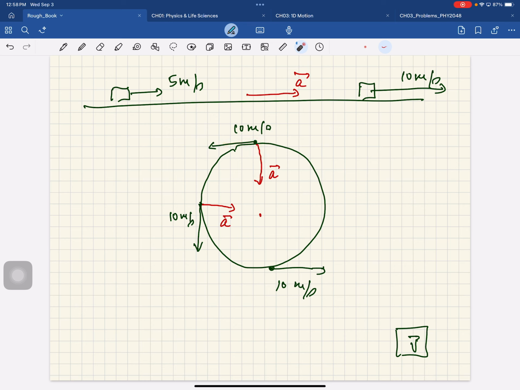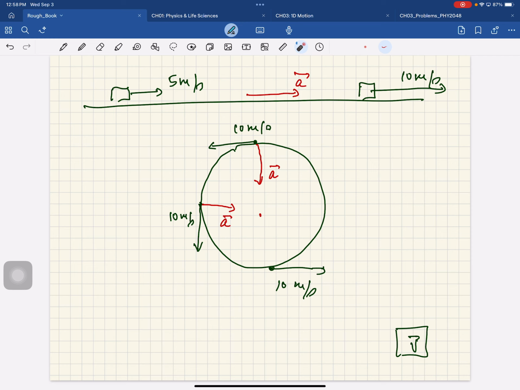And of course, can you change both the magnitude and direction of the velocity? Yes, of course, and you can do that an infinite number of ways. Then you would have acceleration components tangent to the path and perpendicular to the path.